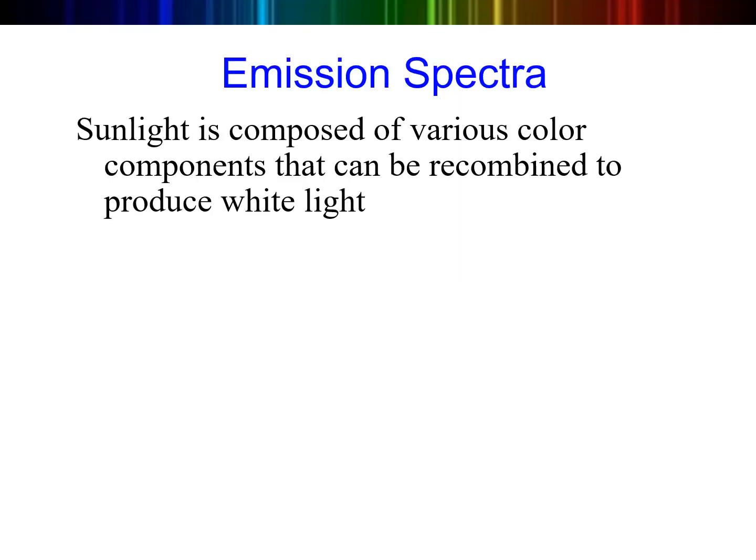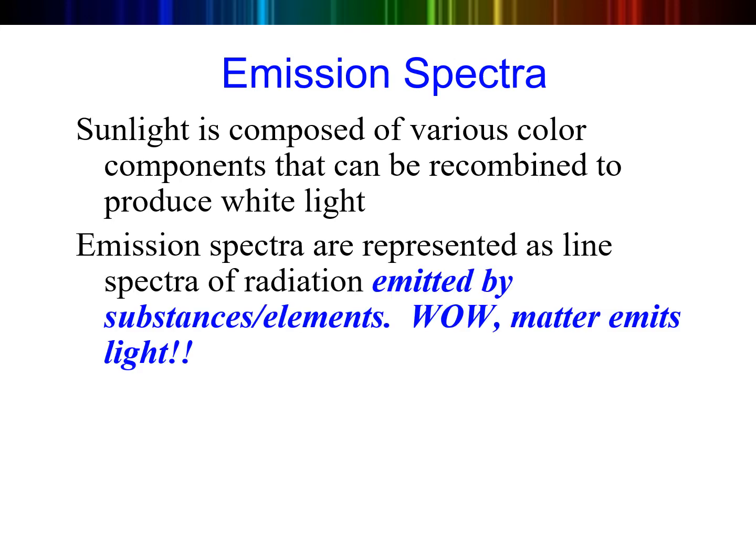Looking at the emission spectra, light is composed of various colors as we've discussed. Emission spectra are represented as lines of radiation emitted by substances or elements. This is a big deal: matter emits light. That's quite a concept. Where does all that light come from?